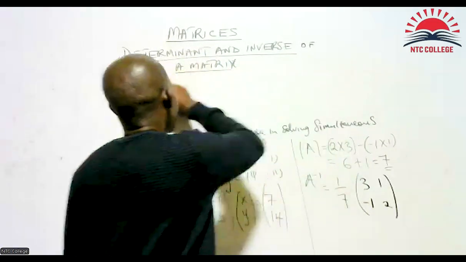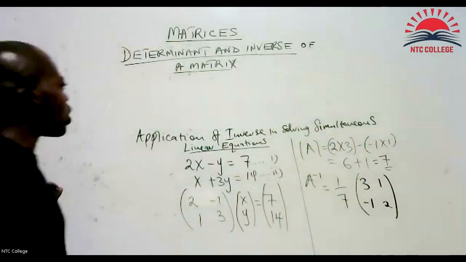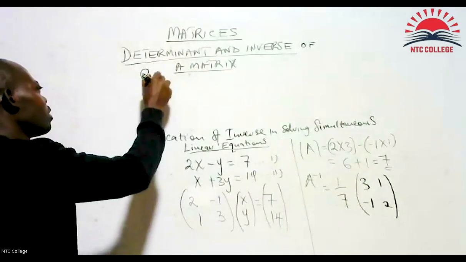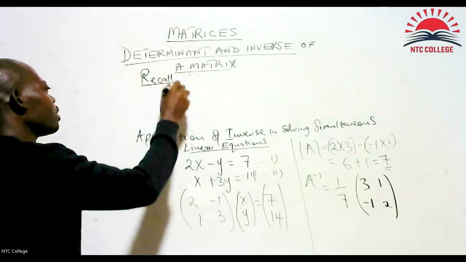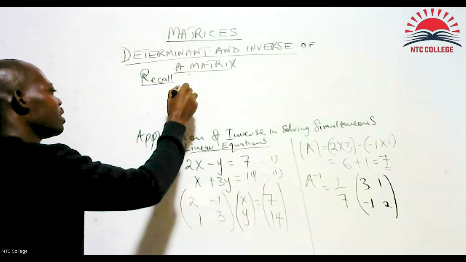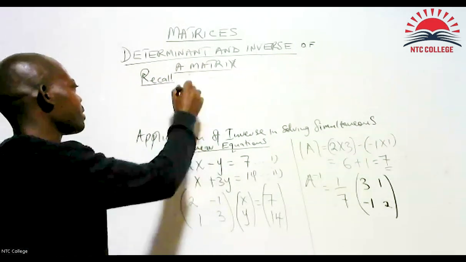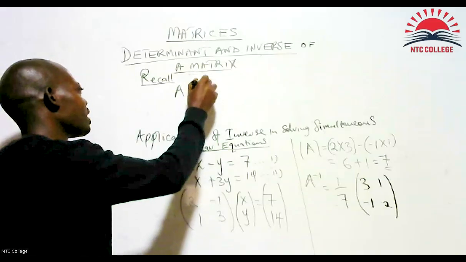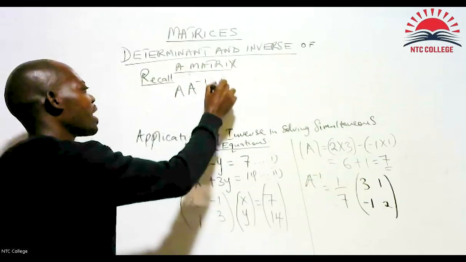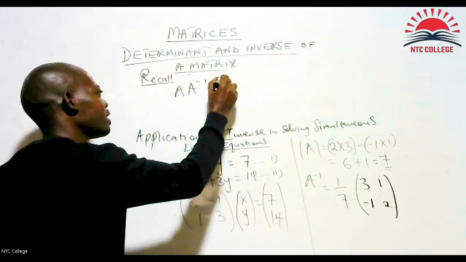We need to note that, and this is something we must all take note of, that if we have the inverse of matrix A, the original matrix A times its inverse, that is A times A inverse, should give us an identity matrix, I for identity.